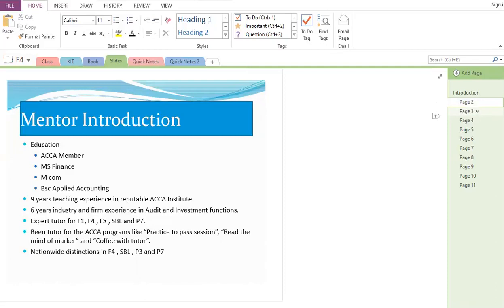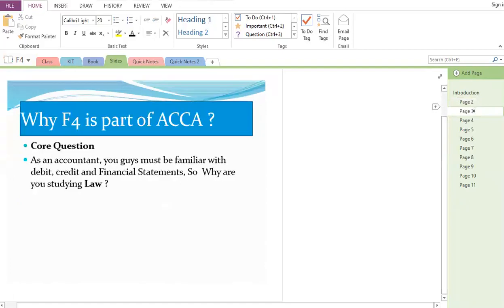So let's start with the main question and with the introduction of the course of F4. The basic point is why F4 is part of ACCA. This is a core question. F4 is business law, corporate law, and you are meant to become a certified chartered accountant.